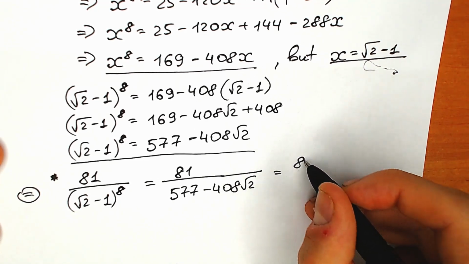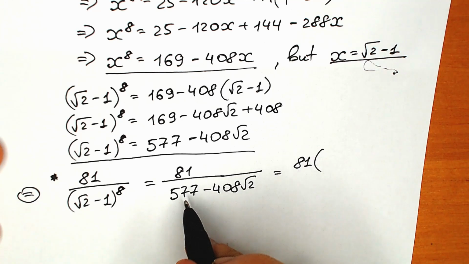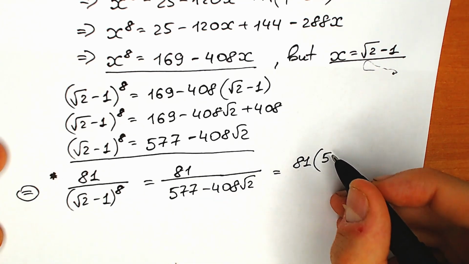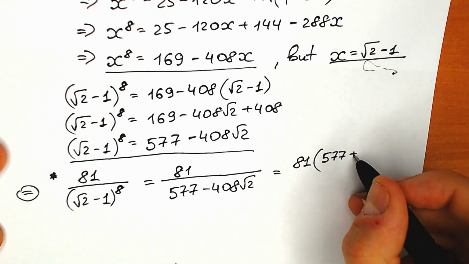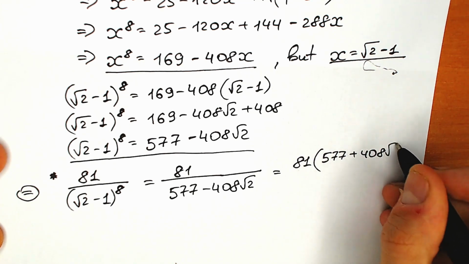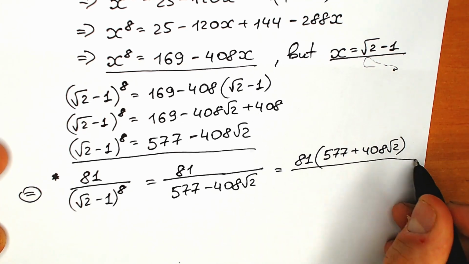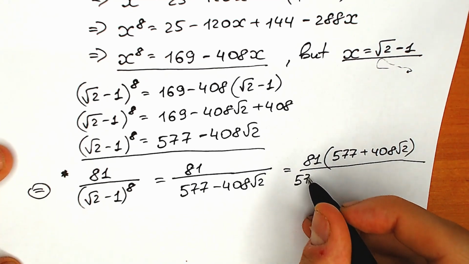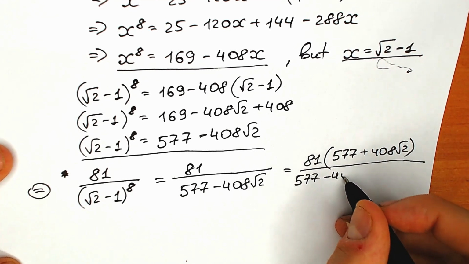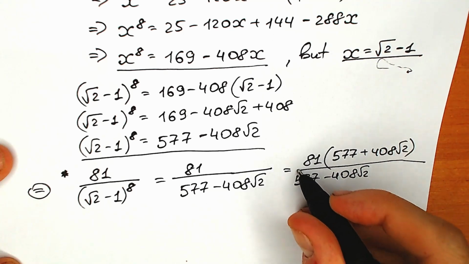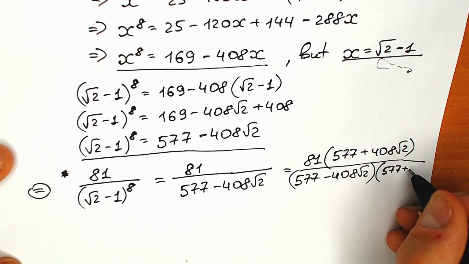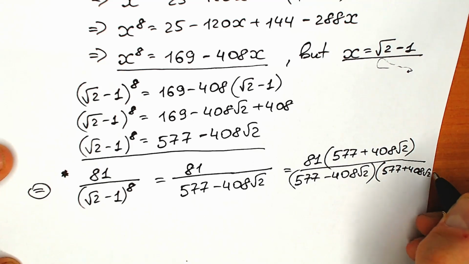So as a result, we have 81. In our numerator, we multiply this by the conjugate, so we have 577 with the plus sign, so plus 408 square root of 2, and we're going to multiply our denominator by the conjugate expression. So we have 577 minus 408 square root of 2, and the same thing but with the plus sign, 577 plus 408 square root of 2.